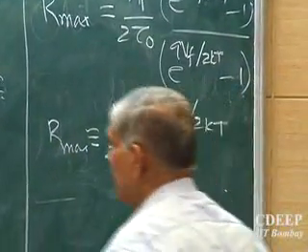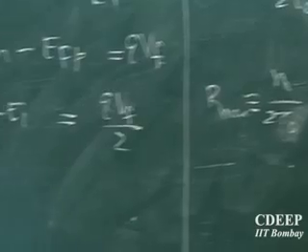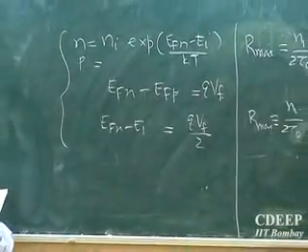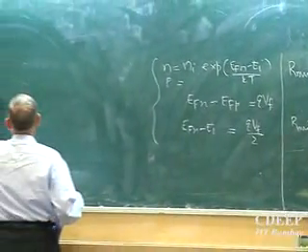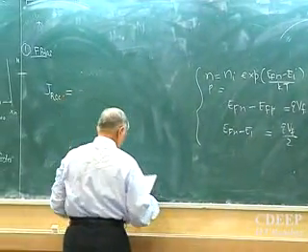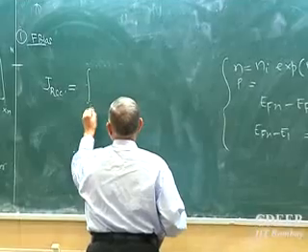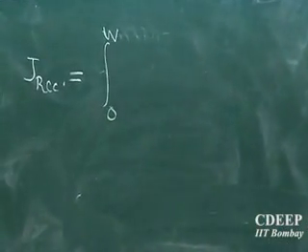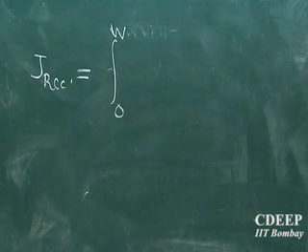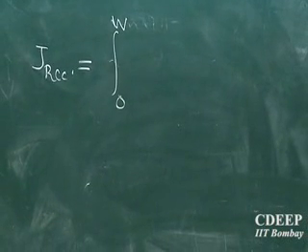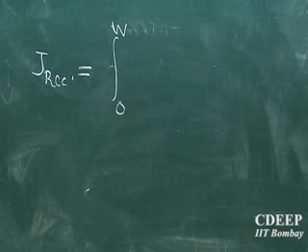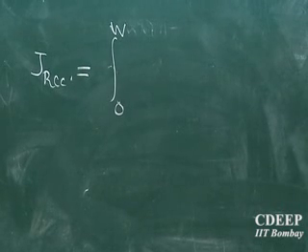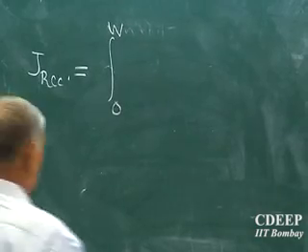then what is the way I wrote earlier my generation and recombination currents? You recollect? J recombination is equal to, where can recombination take place? Anywhere in the transition region, perhaps everywhere along the x-axis. So to get the net current, I know q into rate into dx.